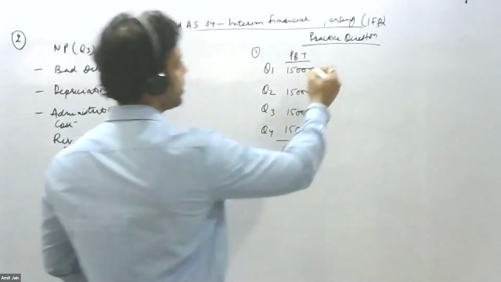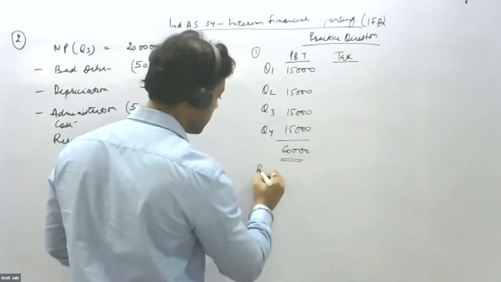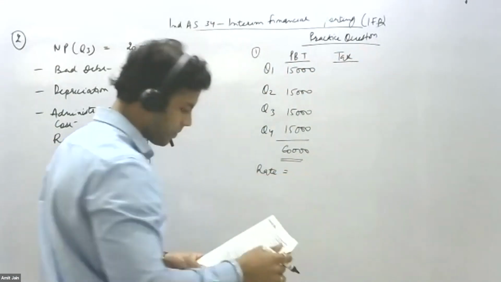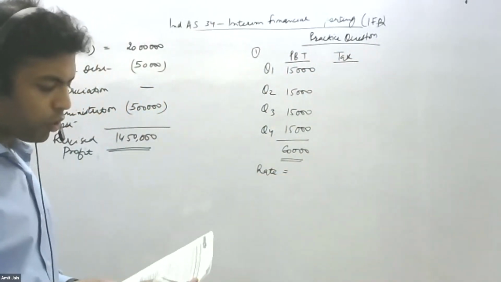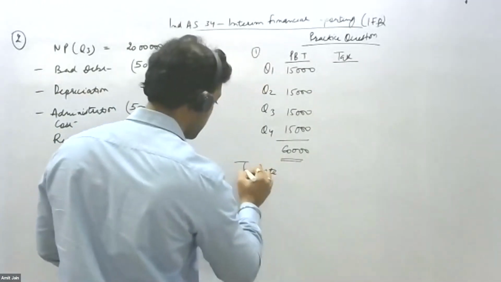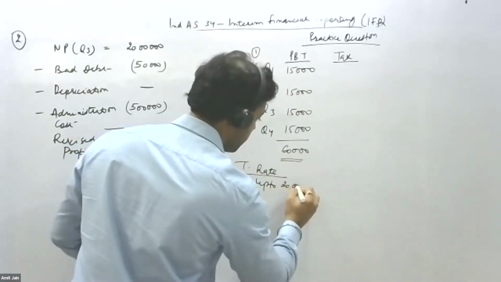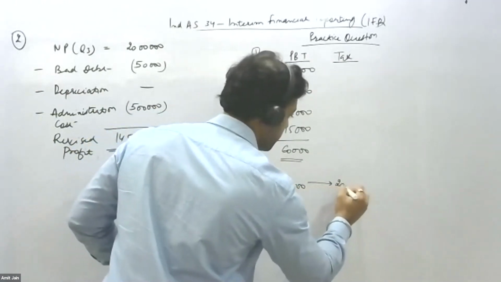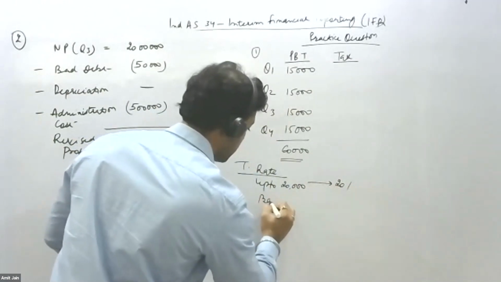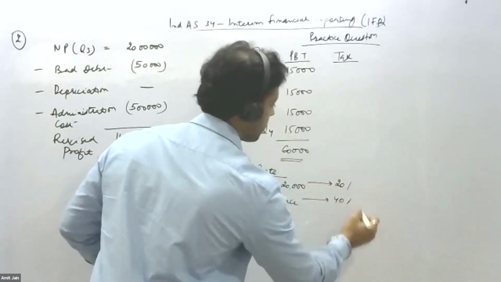Then we need to compute the tax first, right? And the tax rate is 20% on 20,000 rupees and 40% on the balance. Up to 20,000, it's 20%, and for balance, it is 40%, right?